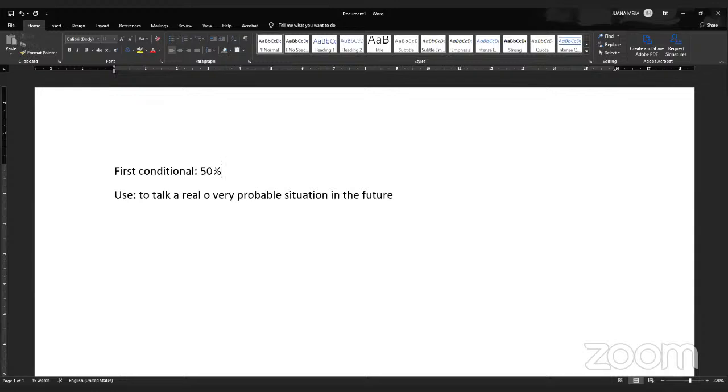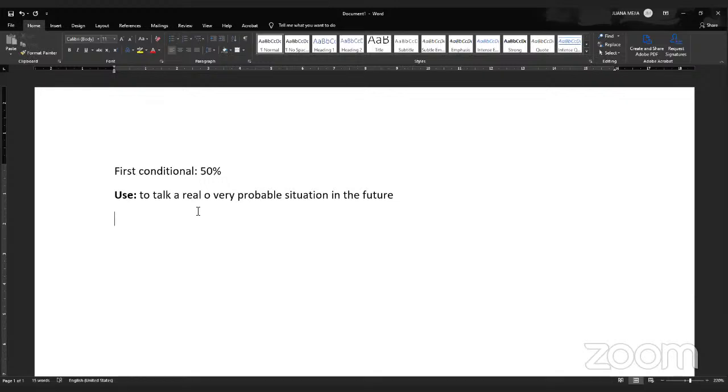But the first conditional, no. First conditional is 60% that something will happen in the future. It's not sure. So this is the use: to talk about a real or very probable situation in the future. Real or probable situation in the future.